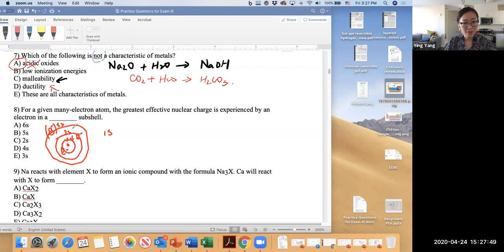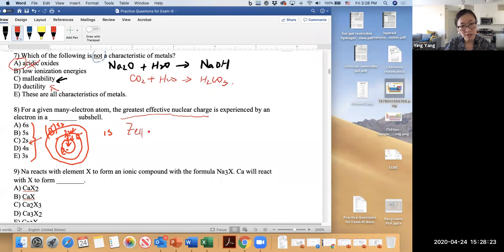However, if you look at 2s, the force it feels from the nucleus will be shielded by the electron in the 1s orbital, and so on. Therefore, you just look for the electron closest to the nucleus, and that would be the one with the greatest effective nuclear charge.